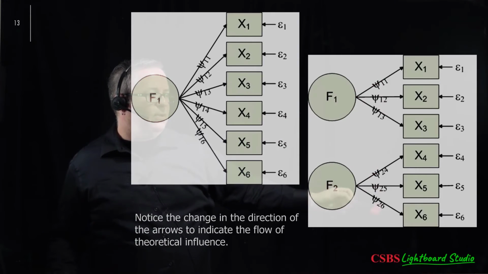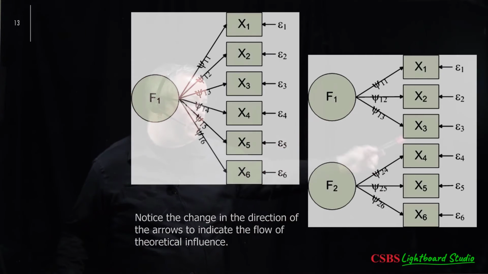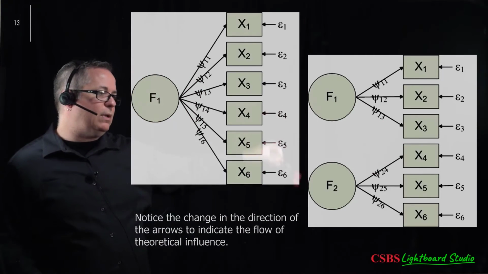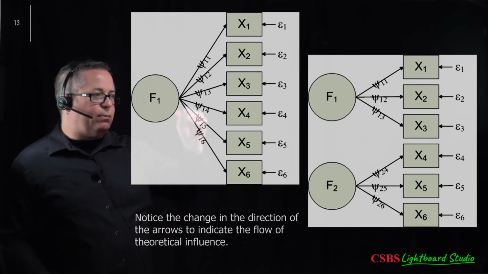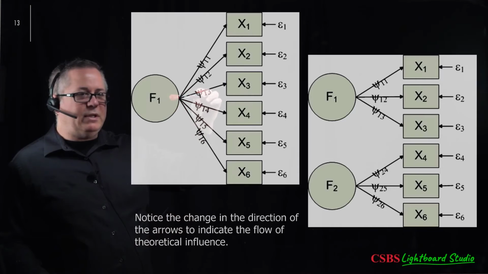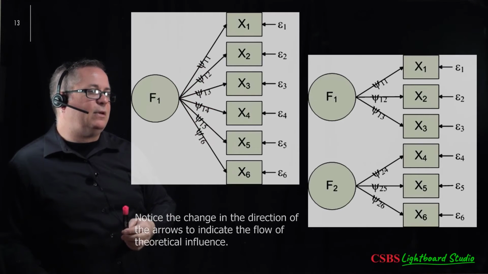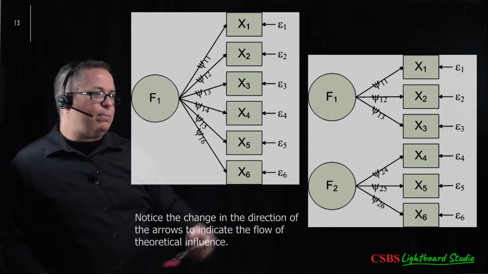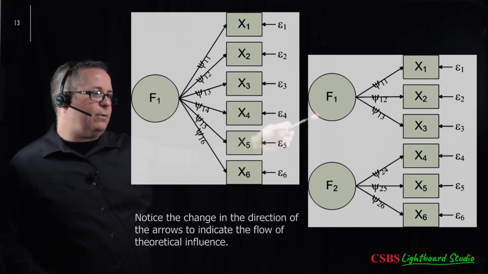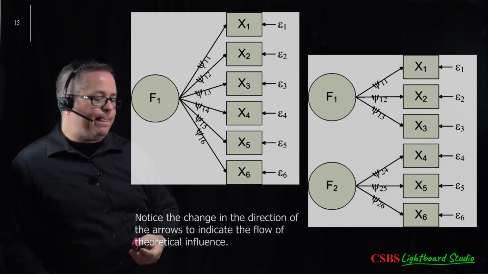These items only load on factor 2. Factor 1 does not predict x4, so they're separate. The previous one is a single-factor, or sometimes called a unidimensional, model. There's only one dimension needed to explain these 6 items. This one would be a 2-factor or bidimensional model, where it has 2 different factors explaining the same 6 items.